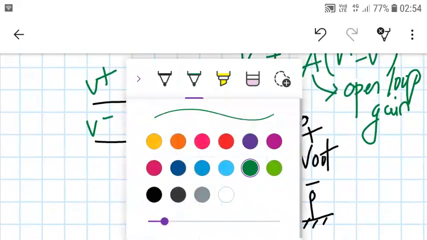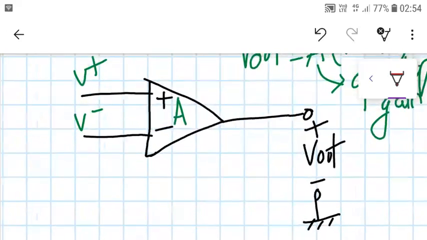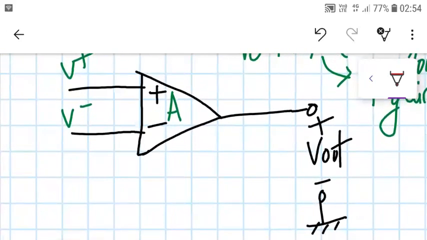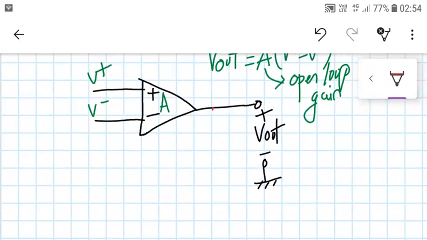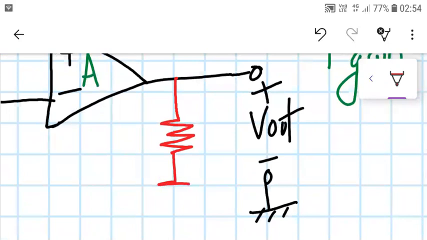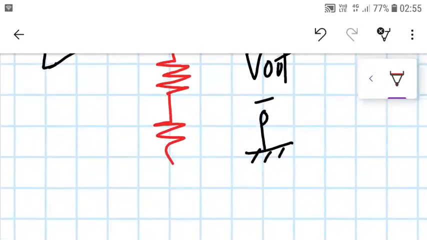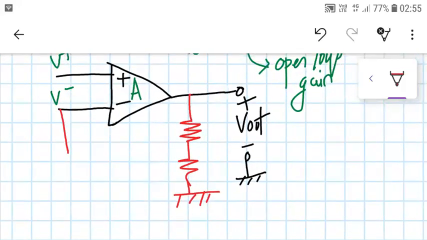Let me take a different color. So this is my op-amp in open loop configuration. Now I want to make a non-inverting amplifier. So I will take 2 resistors from here like this, connect one to ground, and then connect this wire over here.